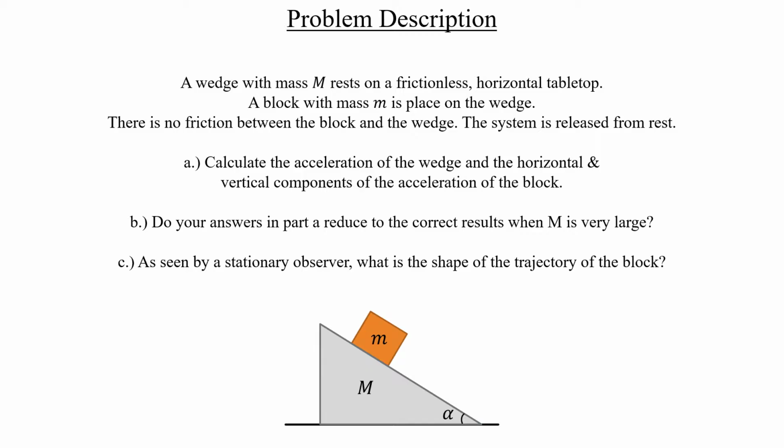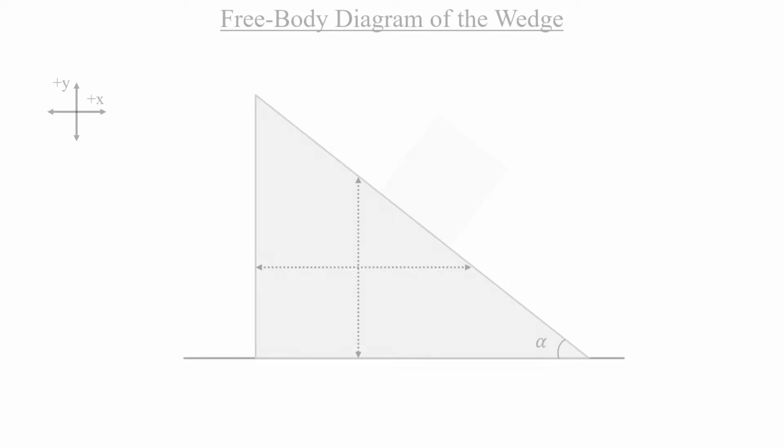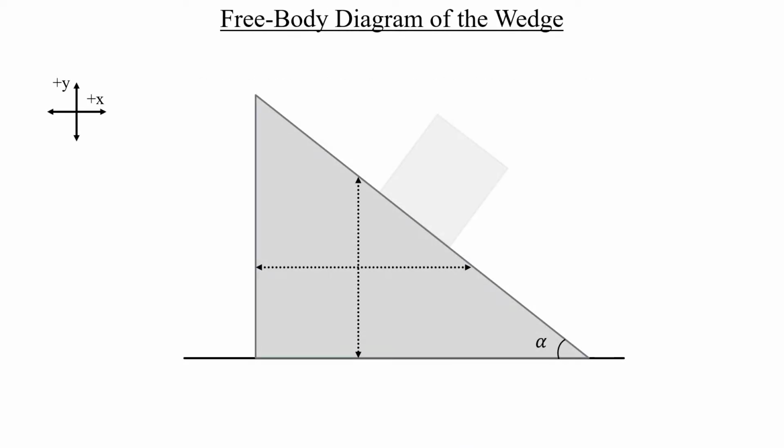Let's begin with the free body diagram of that wedge. First, we'll draw the coordinate axes along the center portion of the wedge. Our vectors in the y direction acting on this object involve the wedge's weight and the normal force from the tabletop.